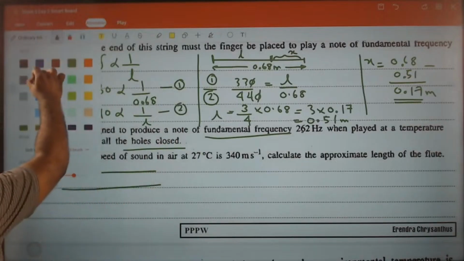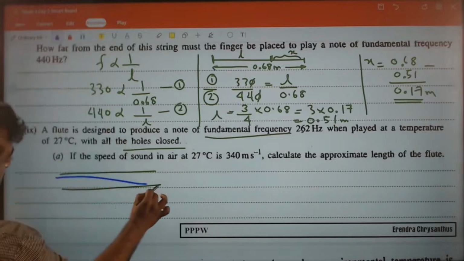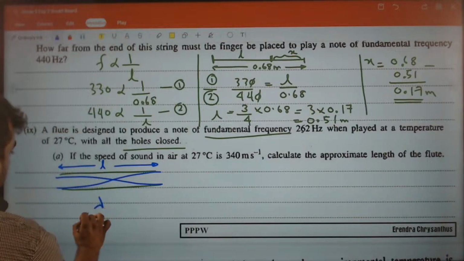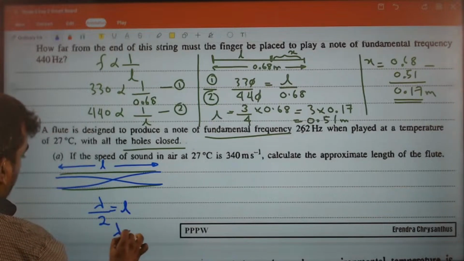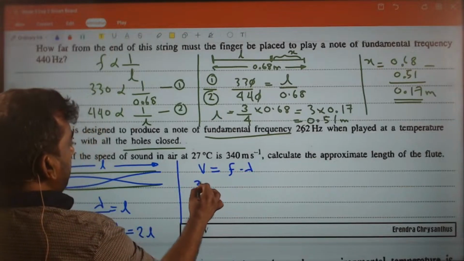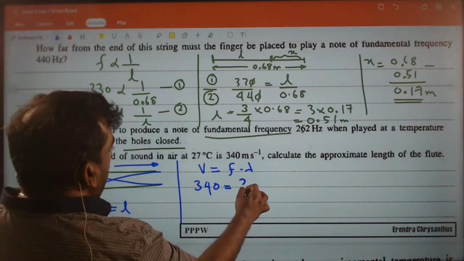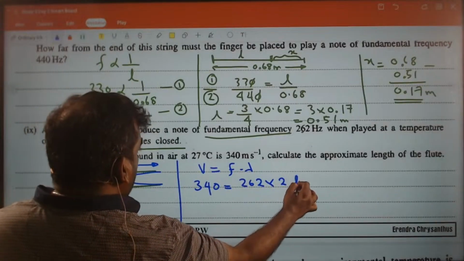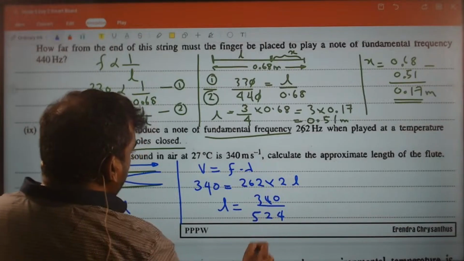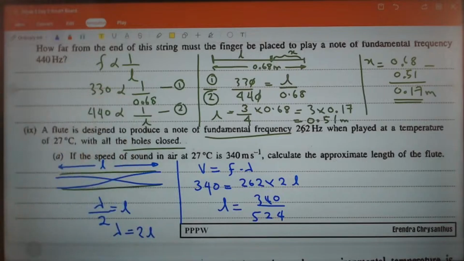So fundamental frequency, length is equal to L. Approximate length, lambda divided by 2 is equal to L. Lambda is equal to 2L. V is equal to f lambda. 340 equals fundamental frequency 262 times 2L. L is equal to 340 divided by 524, 340 divided by 525.